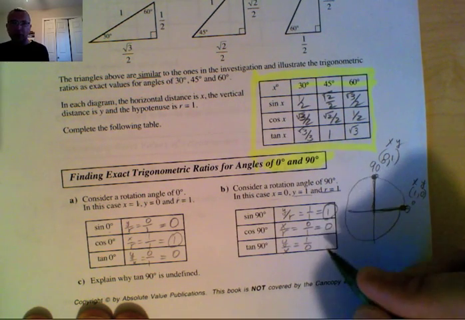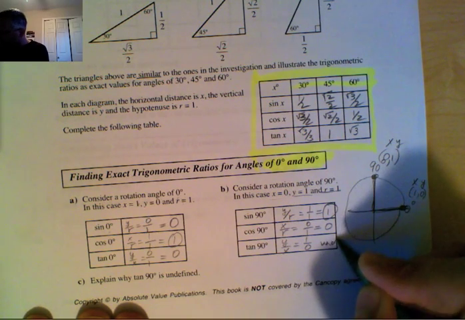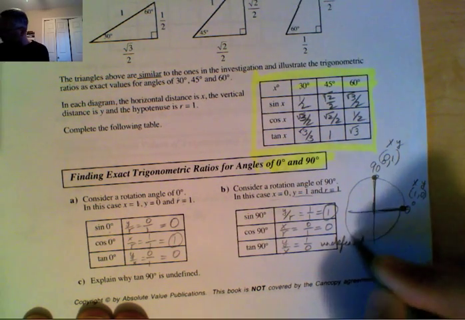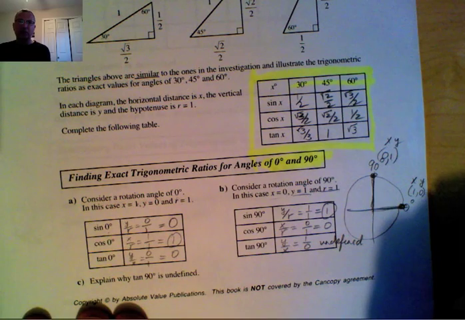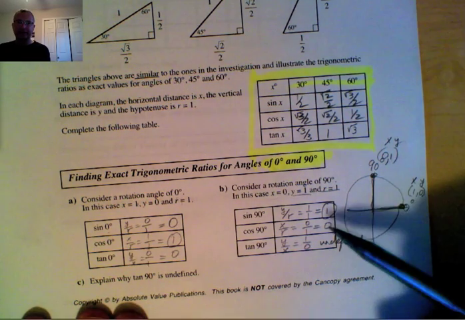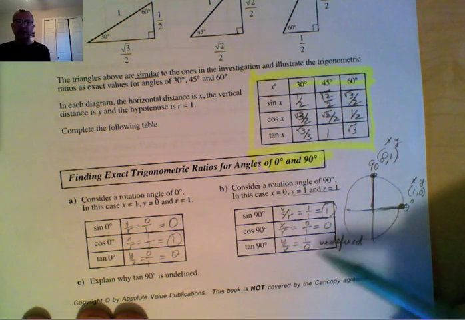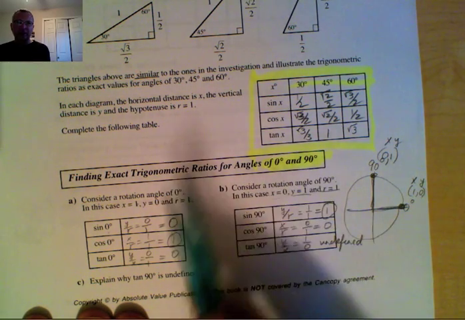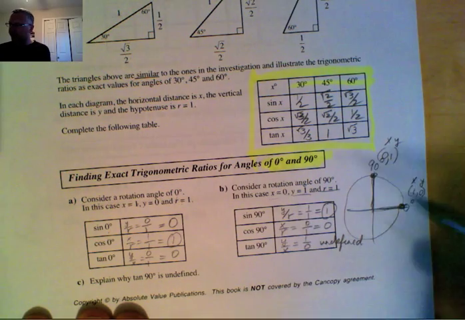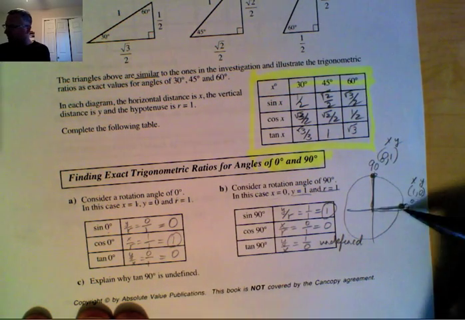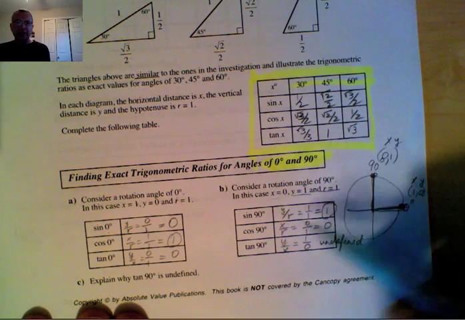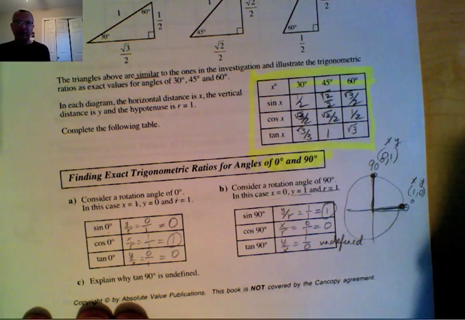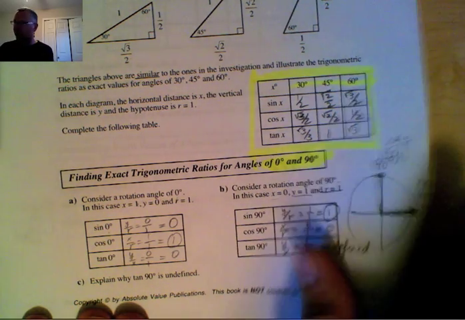If we try to go 1 divided by 0, that's undefined. We cannot divide by 0. So we do not have an exact value for tangent of 90 degrees. These are called quadrantal angles, 0 and 90, because they are right on the edges of our quadrants. So they're going to be special angles you're going to need to refer to in our upcoming work.